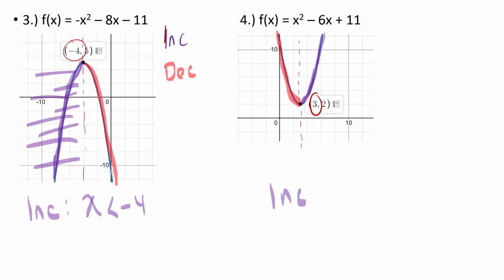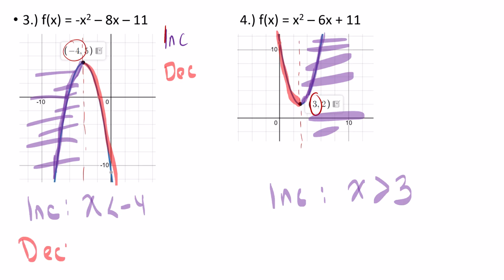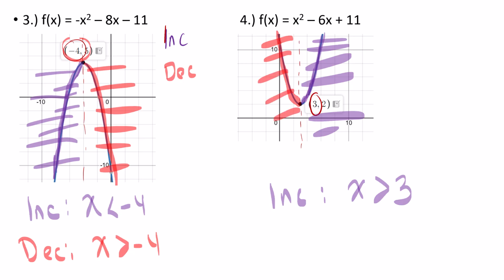Over on this one, this is our increasing over here, and that would be to the right of the 3, so x is greater than 3. For decreasing, that would be the right-hand side over here, so that's greater than the -4, so x is greater than -4. On this one, we're dealing with the less than side, so we get decreasing, x is less than 3.